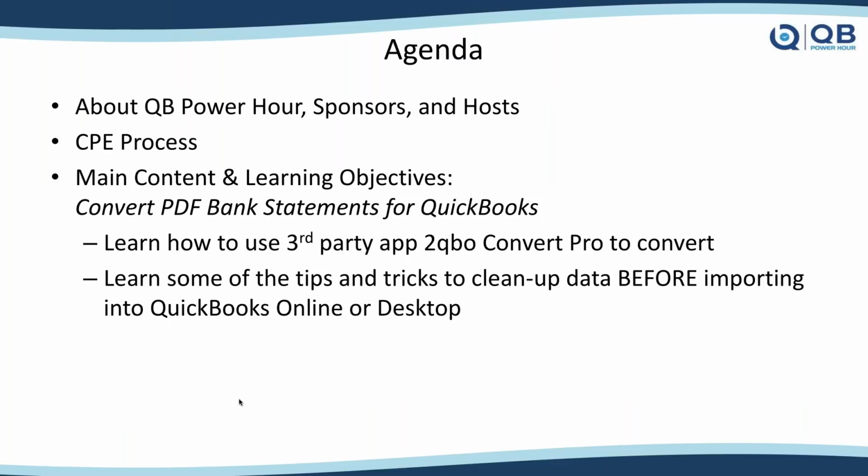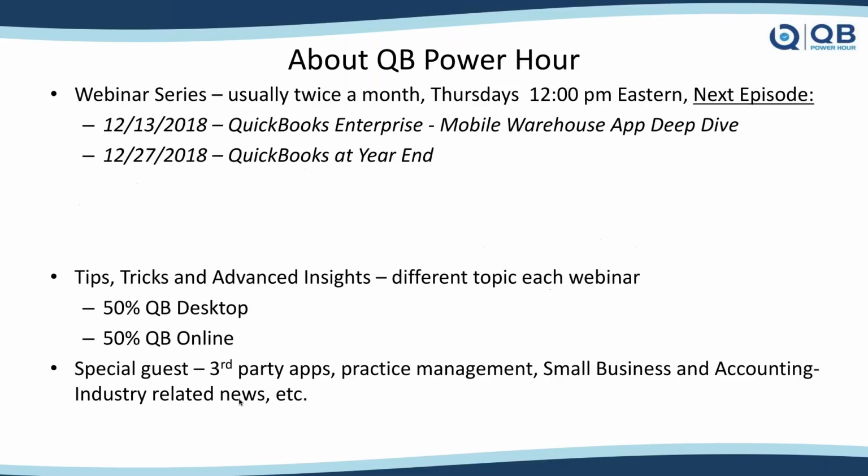We'll talk briefly about QB Power Hour, the CPE process, and then we'll spend most of the time, 50 minutes or more, on the actual content, which will be all about how to take bank statements that are not in QuickBooks ready format and convert them using the software to bring them into QuickBooks. And we'll briefly talk about the process of cleaning the data up. I mean, cleaning the data up is kind of its own world. So we'll discuss what cleanup means and what it means to me personally.